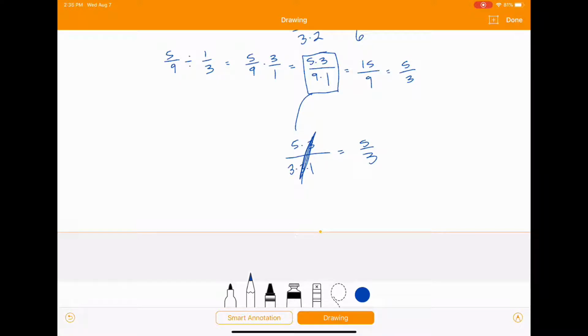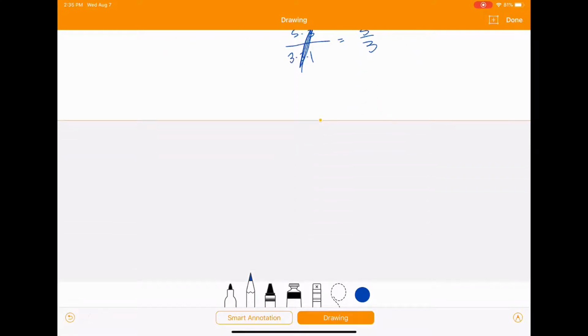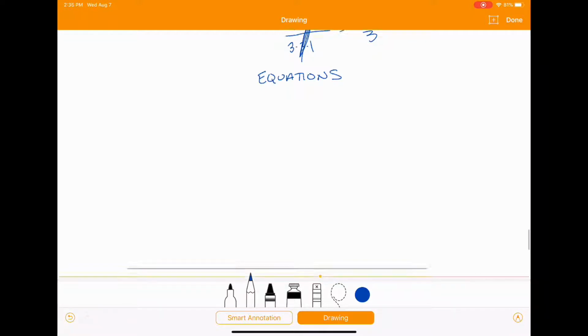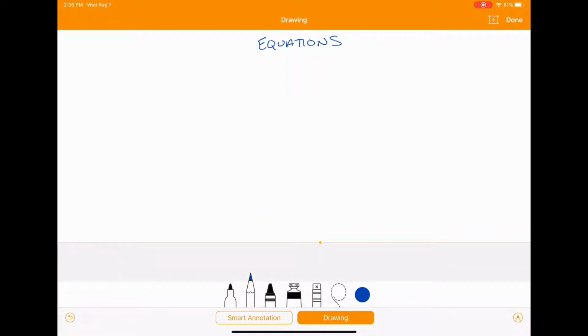All right, so now let's go ahead and talk about equations that have fractions. You're going to solve them just the way we learned previously of solving equations, except now you're going to use your rules of addition, subtraction, multiplication, division for fractions.